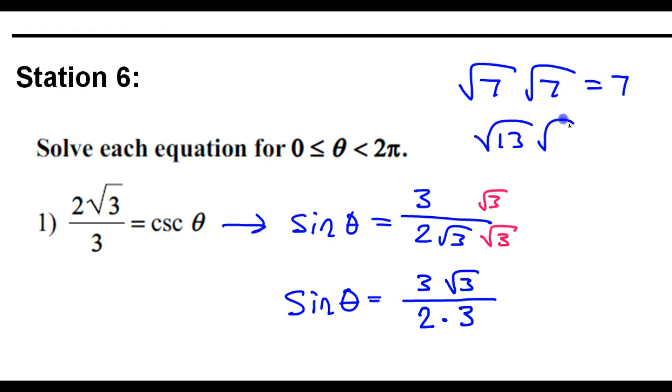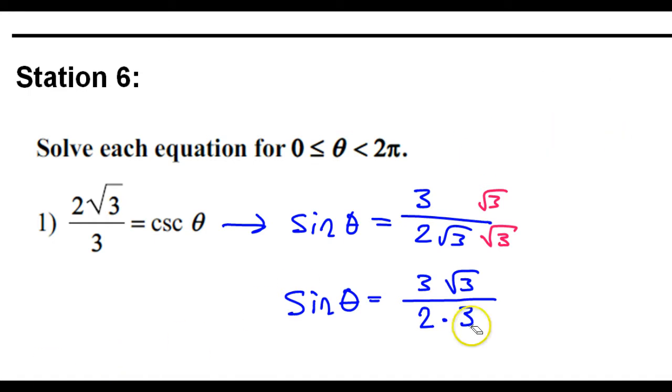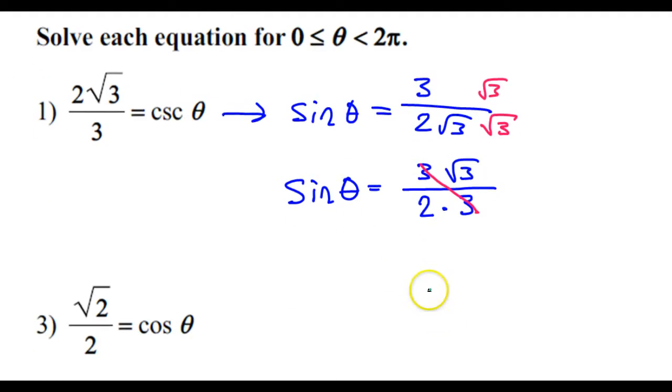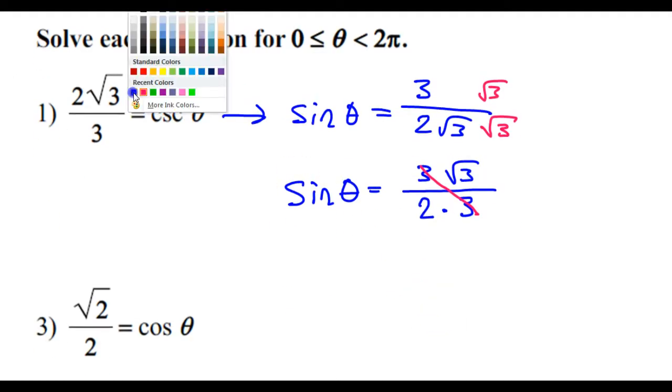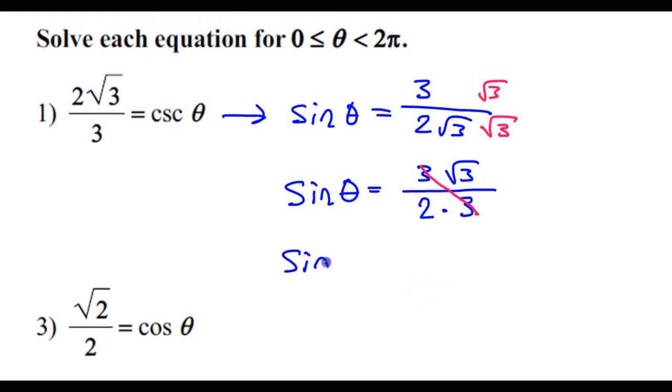Radical 13 times radical 13 is 13. You get it. Now I could multiply these together and get 6, but it would be even more convenient just to realize that these 3's are going to just cancel each other out. So what I actually have right here is that the sine of theta is equal to radical 3 over 2.